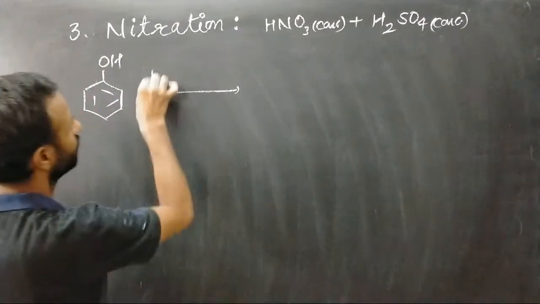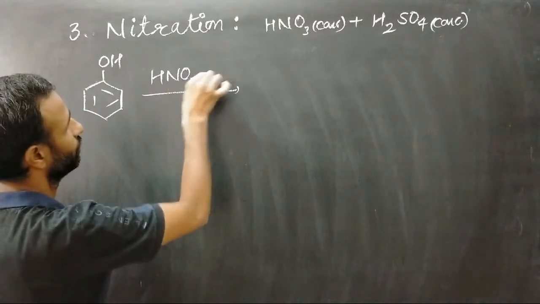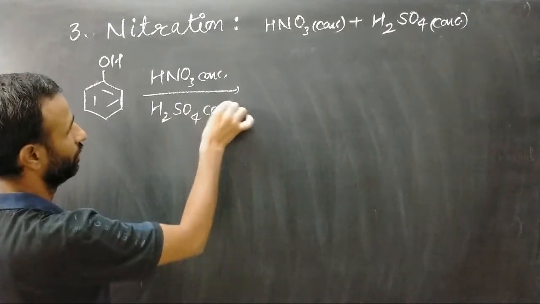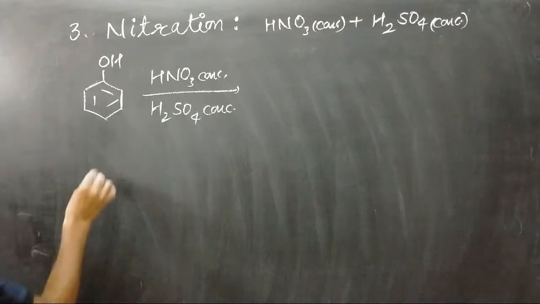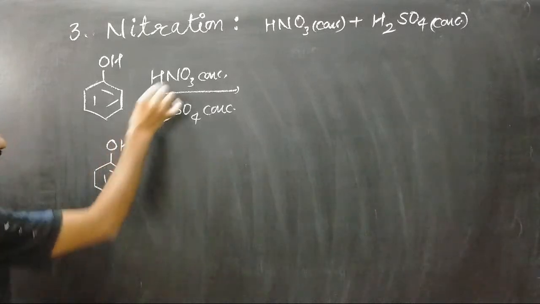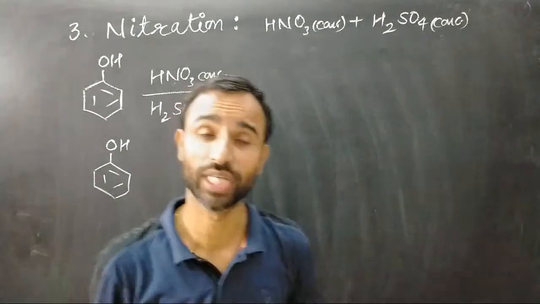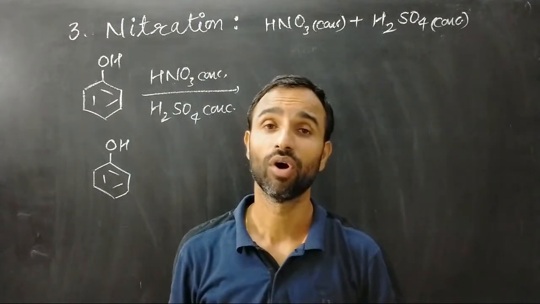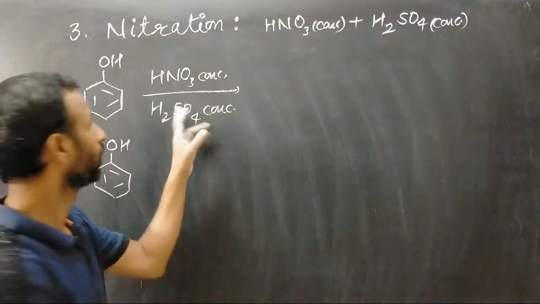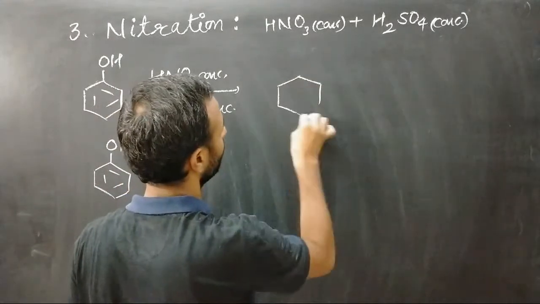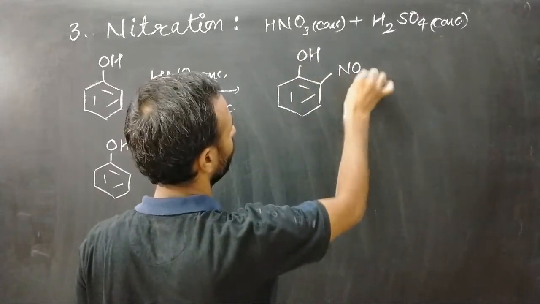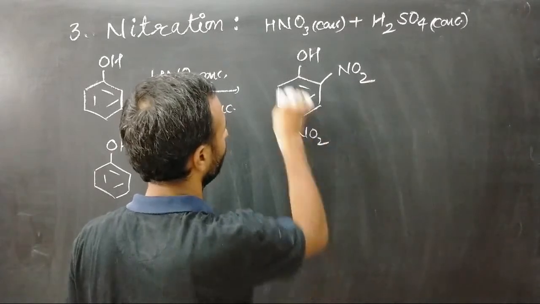Concentrated HNO3 is also an oxidizing agent, right? So if we use concentrated HNO3, then we get 2,4,6-trinitrophenol.